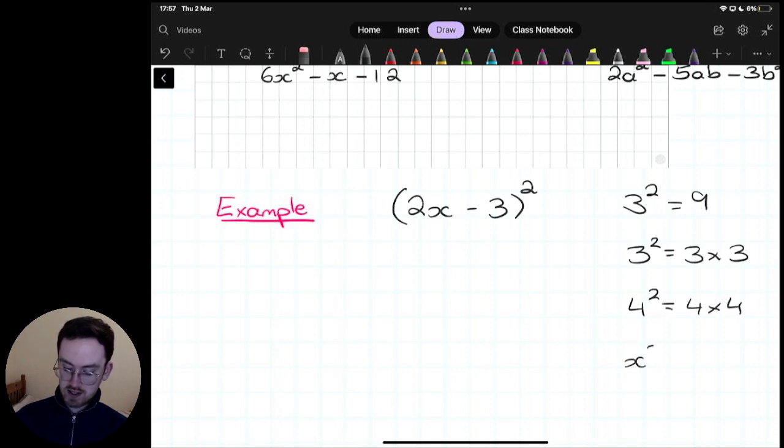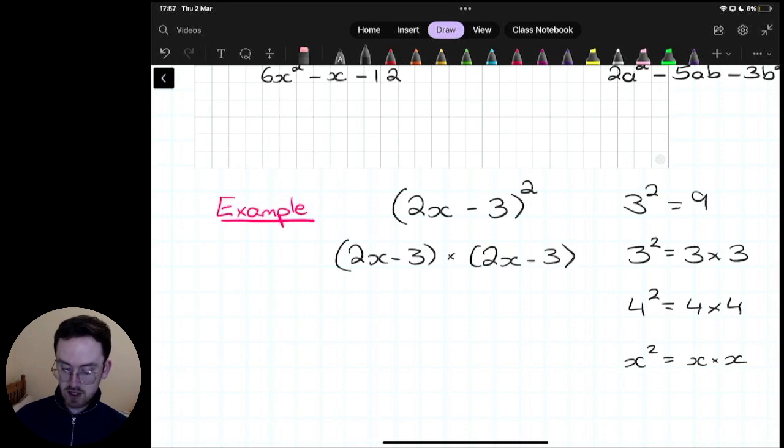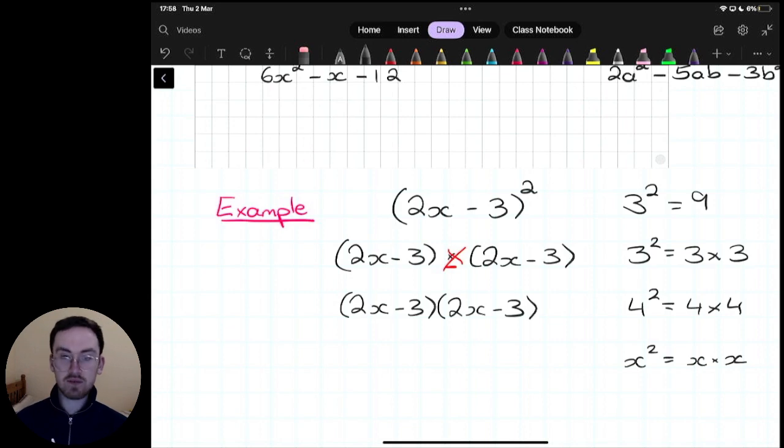We know that x squared is x multiplied by x. So if I have 2x minus 3 squared, that's going to be 2x minus 3 multiplied by 2x minus 3. But of course we know in algebra we don't really use this multiply sign. So instead we have 2x minus 3 multiplied by 2x minus 3.